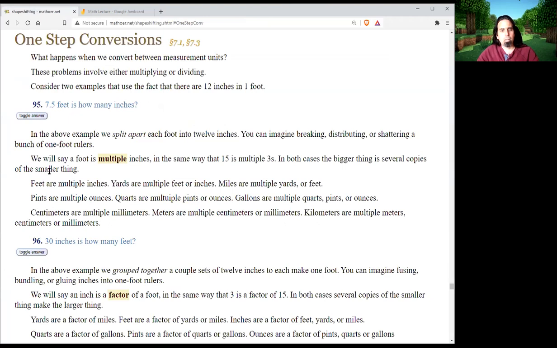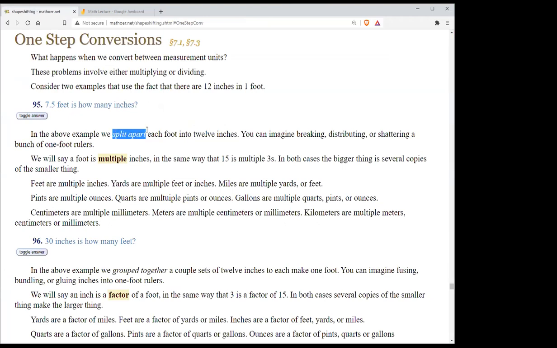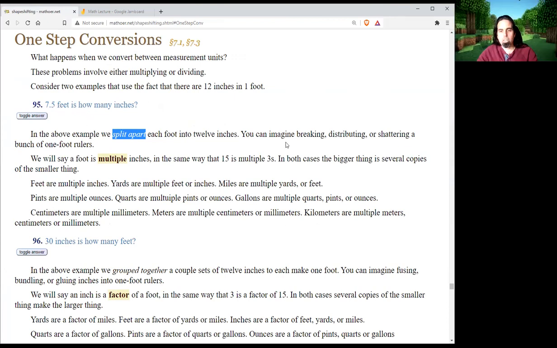So what my notes have to paraphrase that is we're splitting apart each of those feet into 12 inches. We're breaking them apart. We're distributing. We're shattering a bunch of 1-foot rulers, something like that. You can say that a foot is made out of multiple inches in the same way that a 15 is multiple threes. The bigger thing is several copies of the smaller thing.